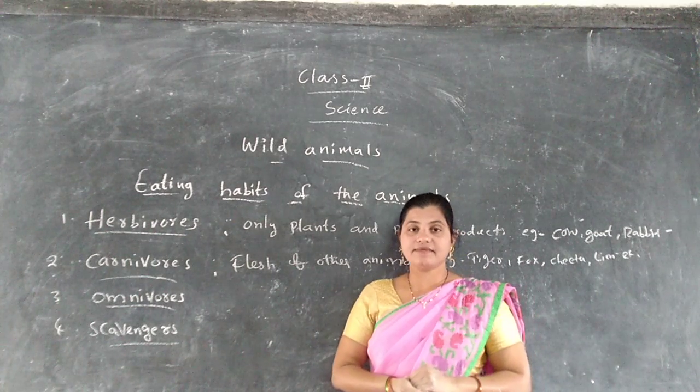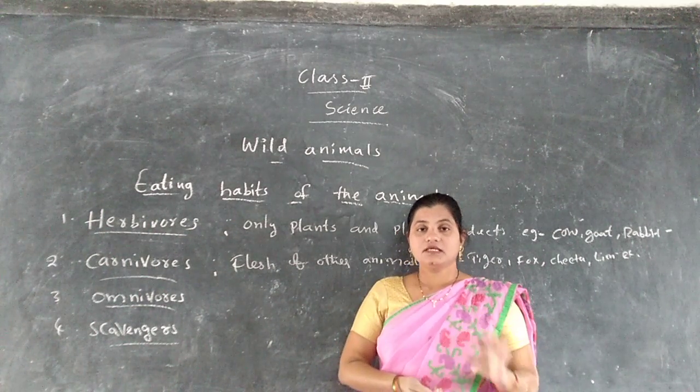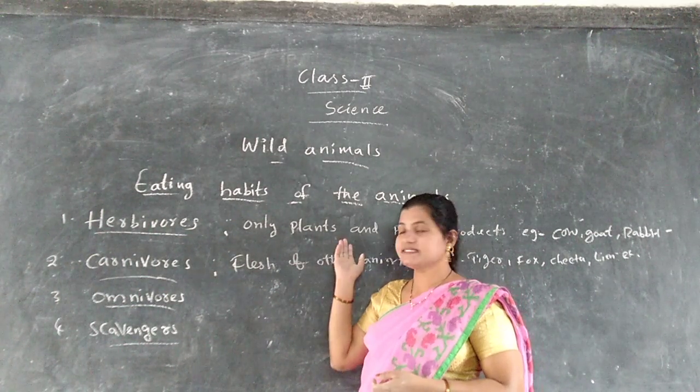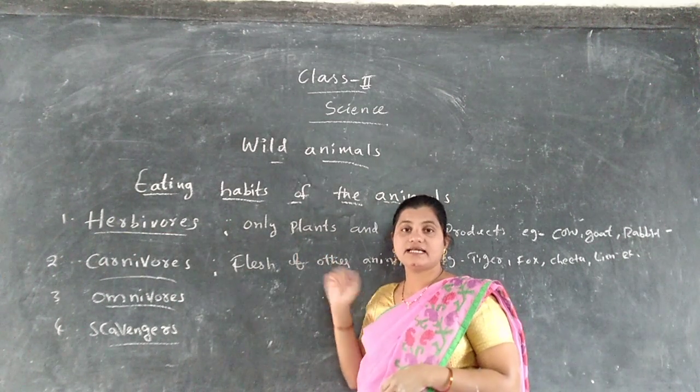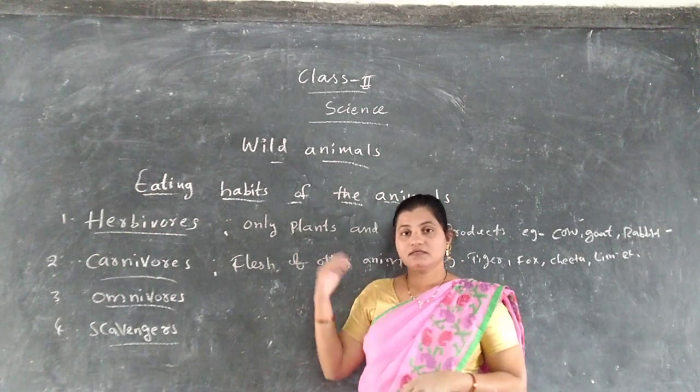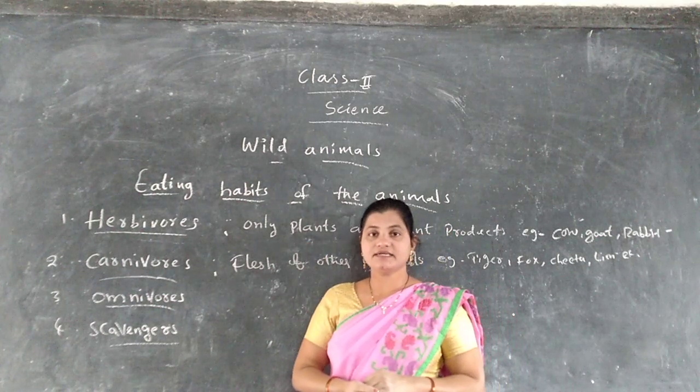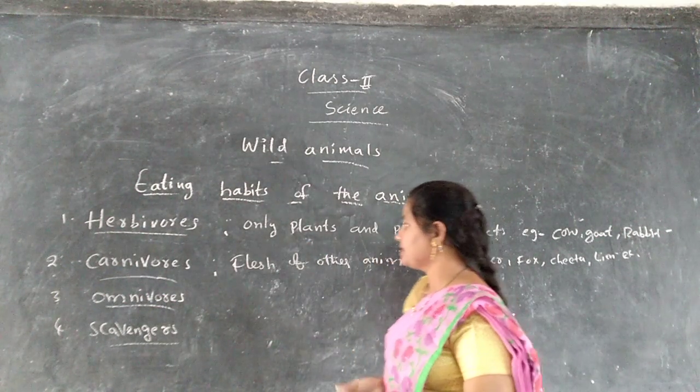Okay children. Next, what are omnivores? Omnivores are the animals that eat both. They can eat plants and plant products as well as the flesh of other animals also. Both they can eat. Such types of animals are known as omnivores.